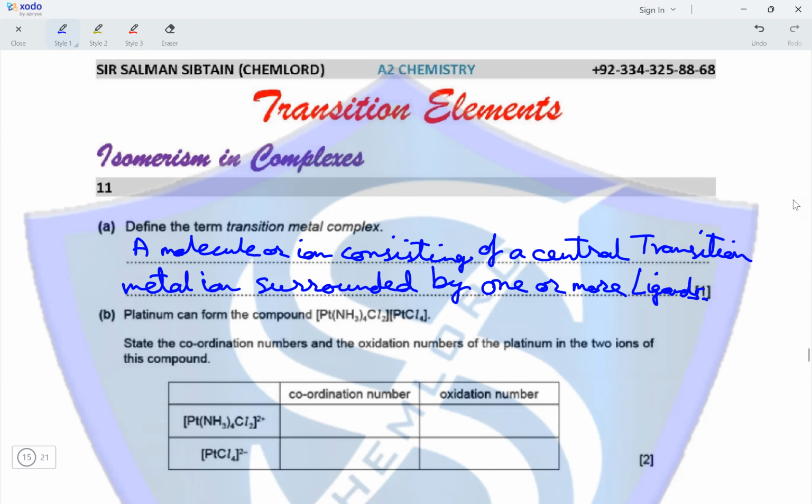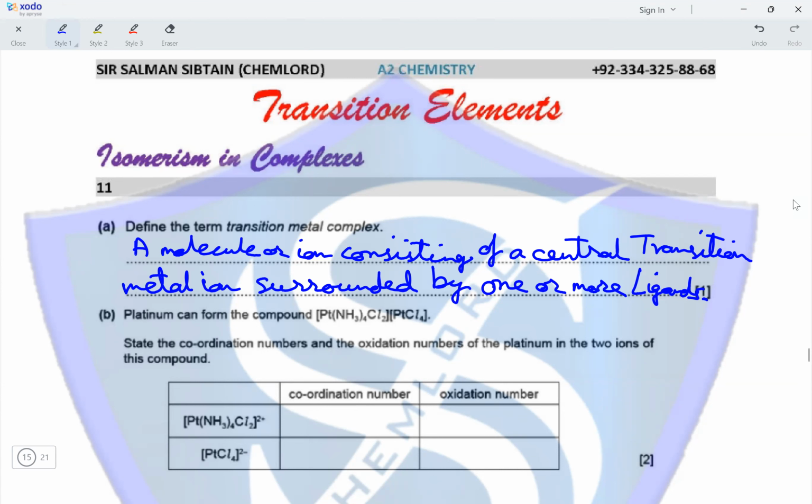Next, platinum can form the compound shown. State the coordination number and the oxidation number of the platinum in the two ions in this compound. So, in the first compound, platinum is surrounded by four ammonia molecules and two chloride ions. So, in total, there are six monodentate ligands surrounding platinum.